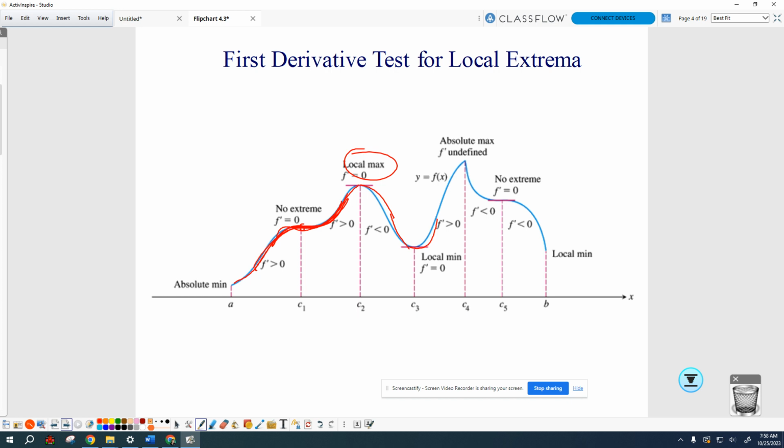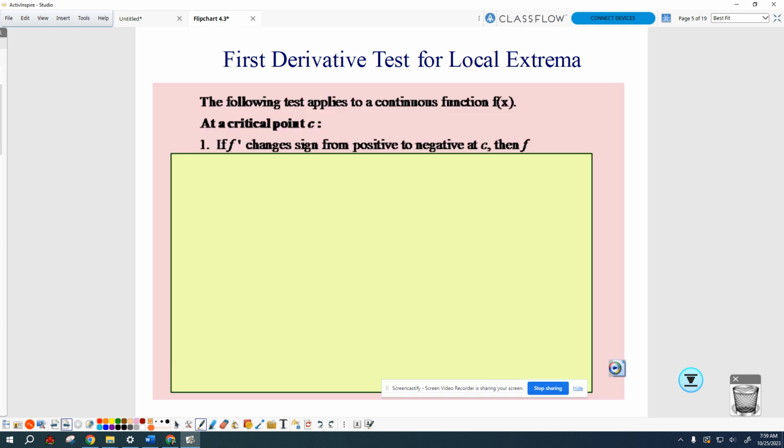And you would have to do the table to say, oh, it's absolute or it's just local. And here, the derivative was undefined, but it went from going up to coming down. So that's going to be a max. Negative and still negative, that's an inflection point. So we're going to work on just looking at a function, not the graph, to see these things.